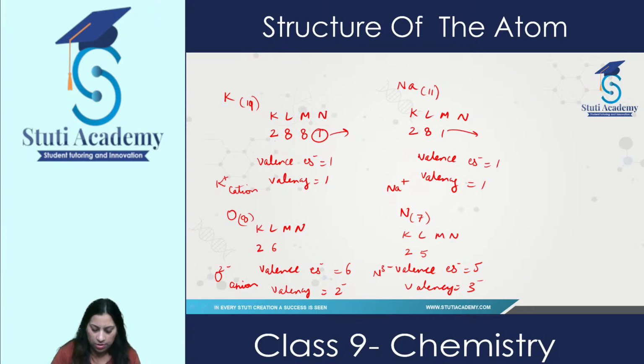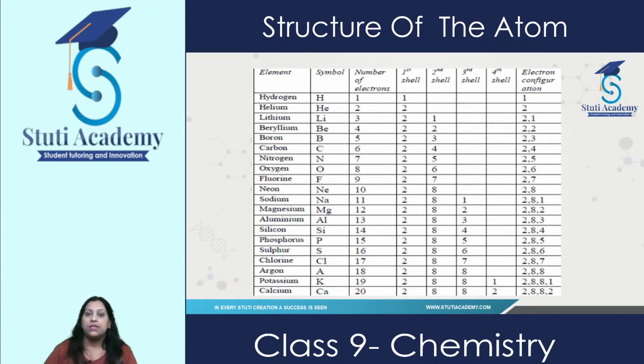Now let's move on to this table. As you can see in this table, elements are present. These elements are arranged according to their atomic number. As I told you, atomic number is equal to the number of electrons and the number of protons. So here hydrogen, number of electrons 1, because its atomic number is also 1.